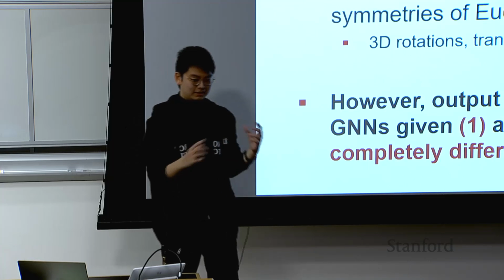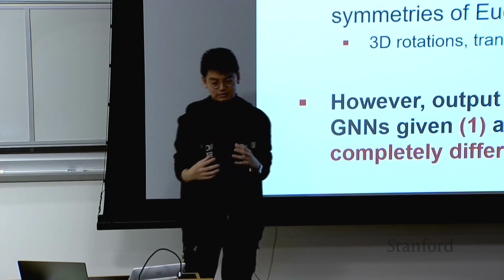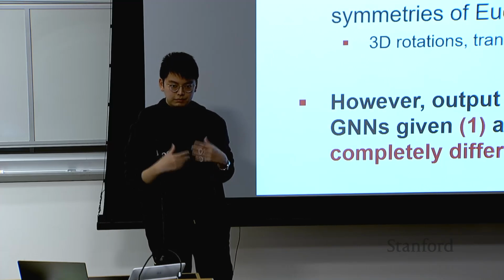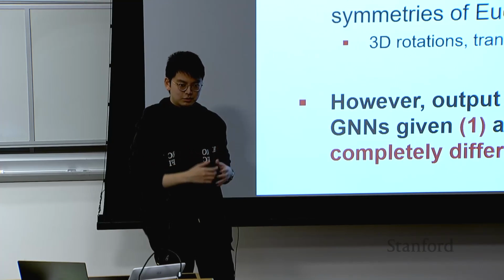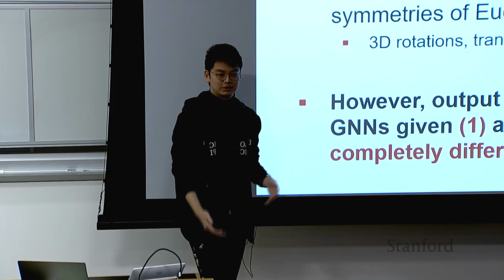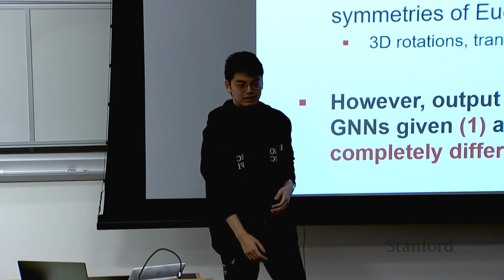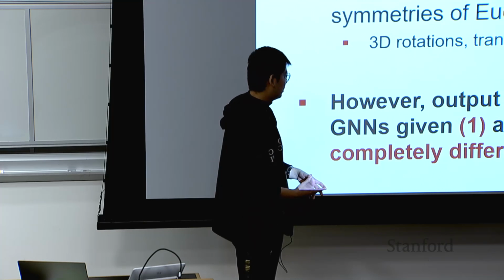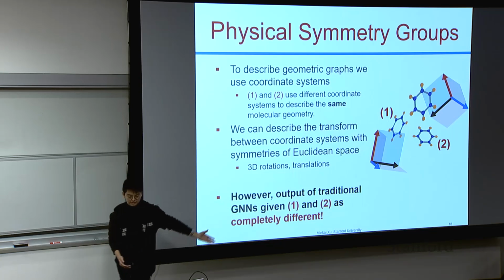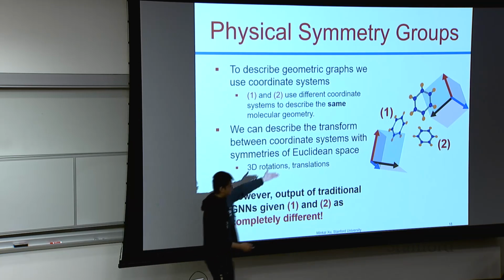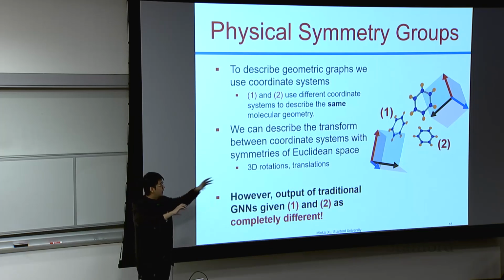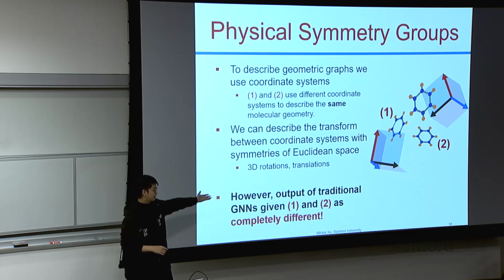We can translate and rotate, and when we do, the coordinates will change. And when the coordinates change, after we input them into a traditional graph neural network, every node embedding will change, the output will change, and the prediction will change. This is definitely not what we want. So this is the problem. When traditional GNNs see different locations or orientations of an identical geometry, they don't know they are the same.